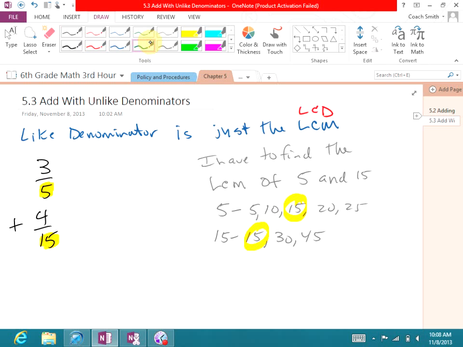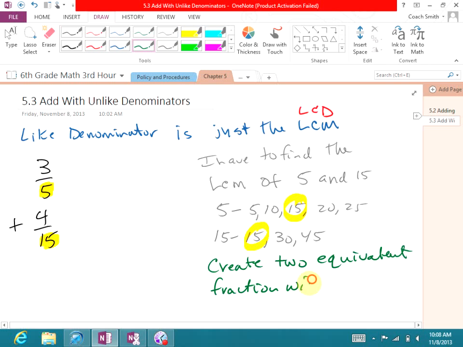So what I'm going to do then is create two equivalent fractions with 15 as the denominator. So this one's going to have 15, and this one's going to have 15.